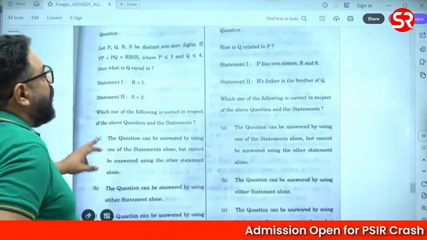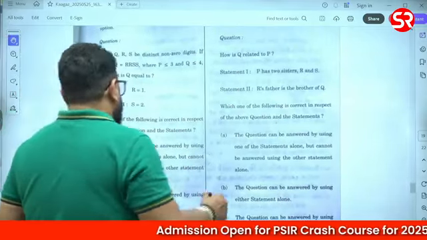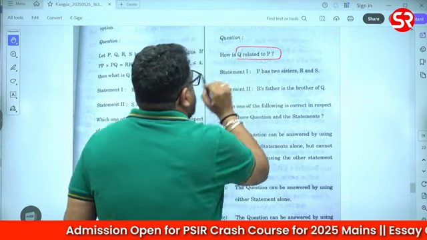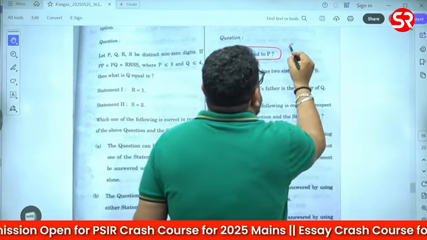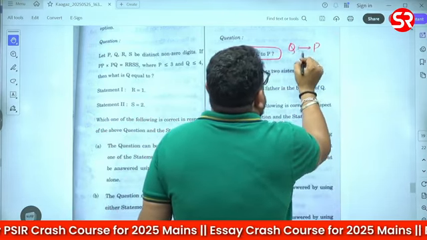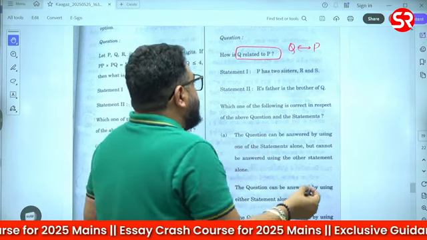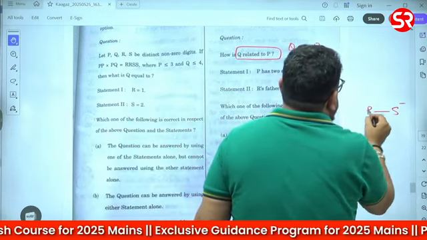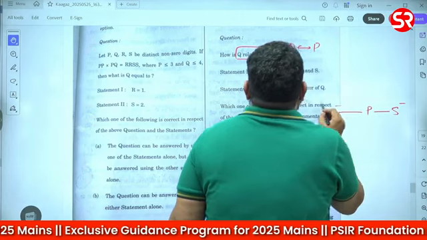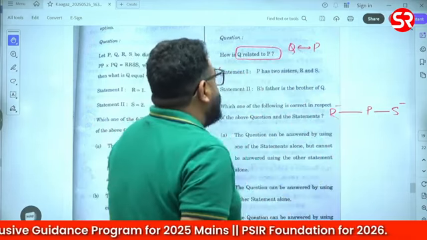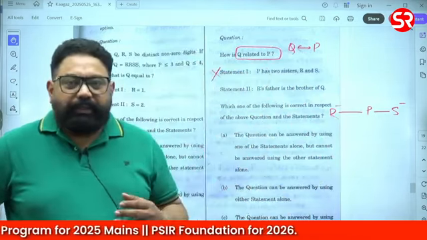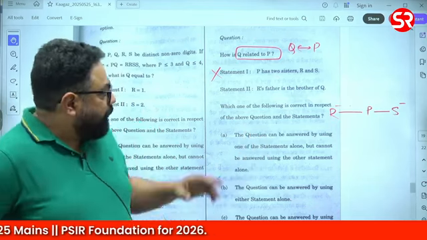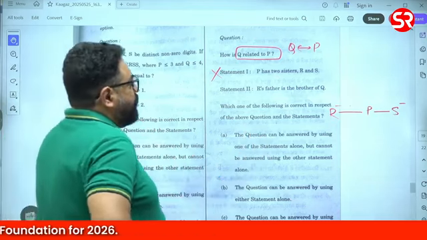It says, how is Q related to P? What is the relation? He has two sisters R and S, but that does not give you how Q is related to P, isn't it? अपने चलेगा statement 1.